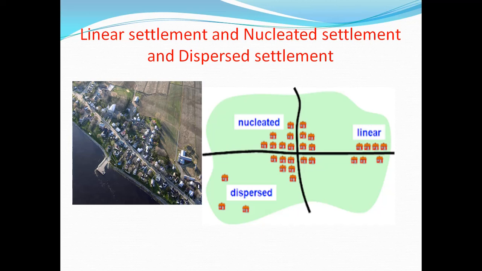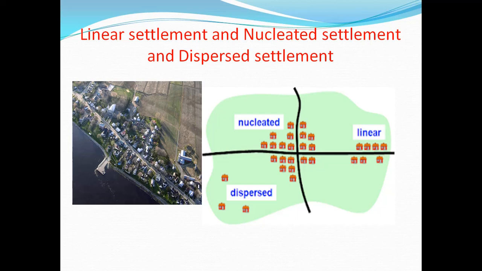Another type of settlement is dispersed settlement. Dispersed settlements are ones where houses are scattered over a wide area. This settlement can be identified in survey maps by red squares spread over a wide area.